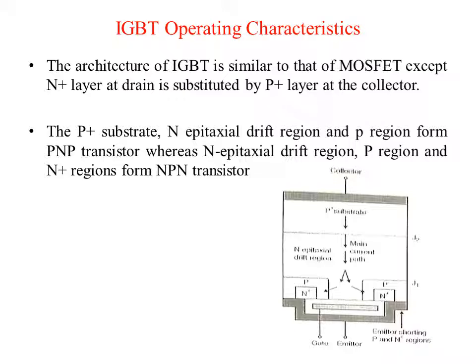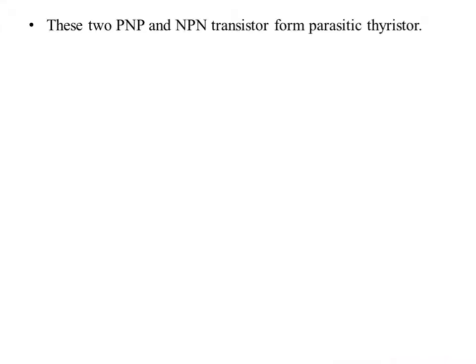So we can say that we have two combinations of transistors, that is PNP transistor and NPN transistor, depending upon the substrate used. These two PNP and NPN transistors form a parasitic thyristor.